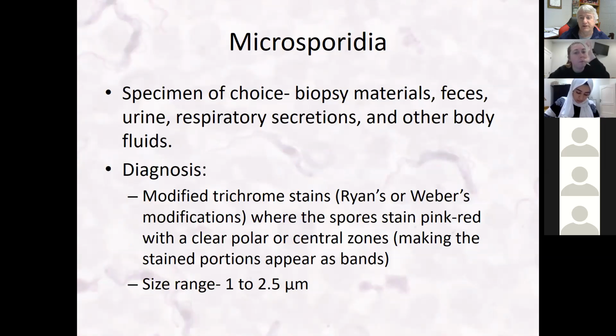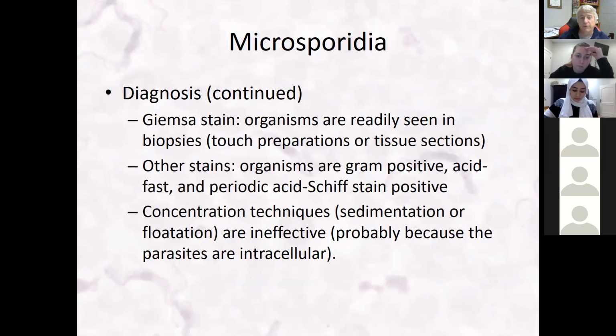We're going to test feces, urine samples, respiratory secretions, and other body fluids. We're going to use a modified trichrome stain, looking for spores stained pink-red with clear polar central zones. Other staining.